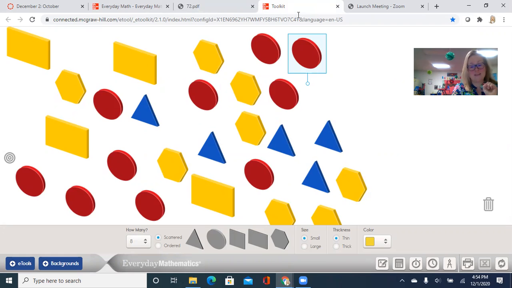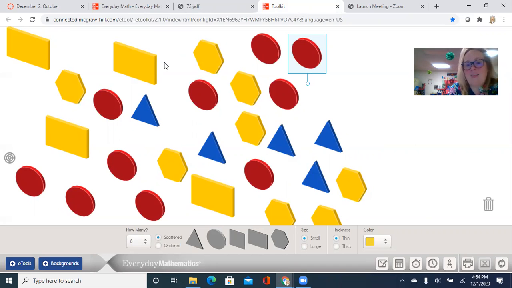Because, well, look, there's some yellow hexagons and some yellow rectangles. So we can sort by color and shape, or we could just sort by color. What do you think we should do? I think for today, I would like to sort just by color, okay? So when we sort just by color, we can actually have those rectangles and hexagons going together, all right?